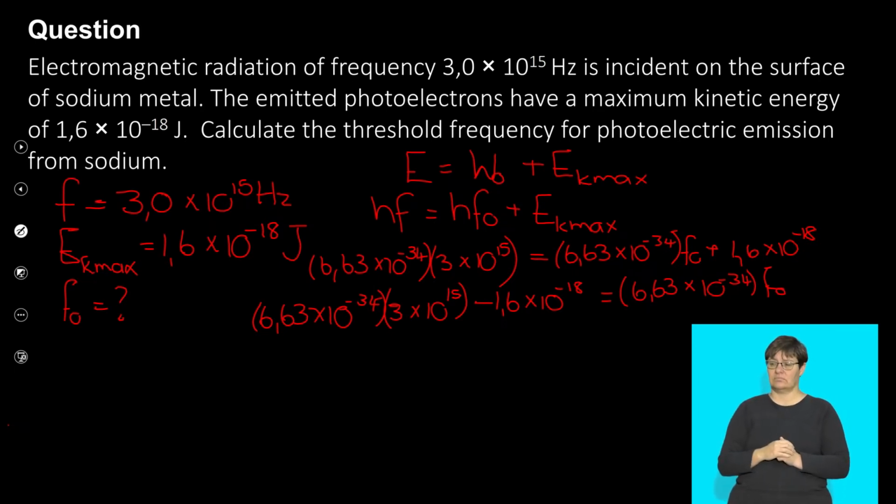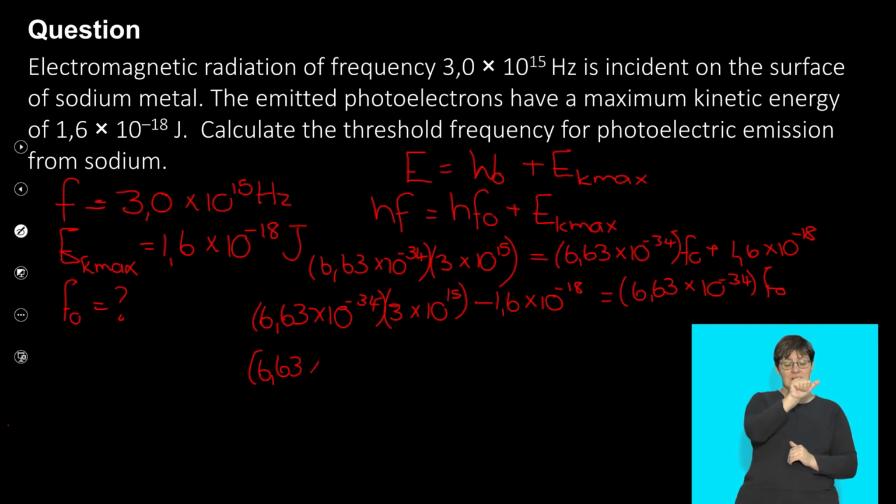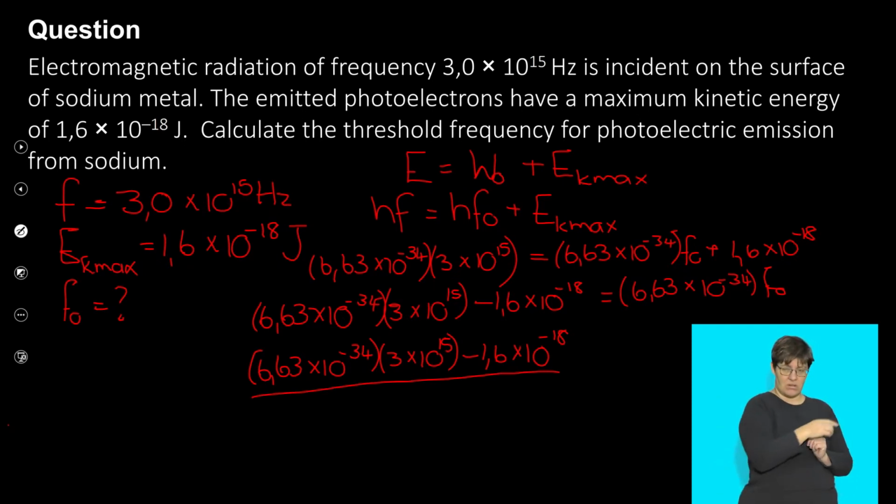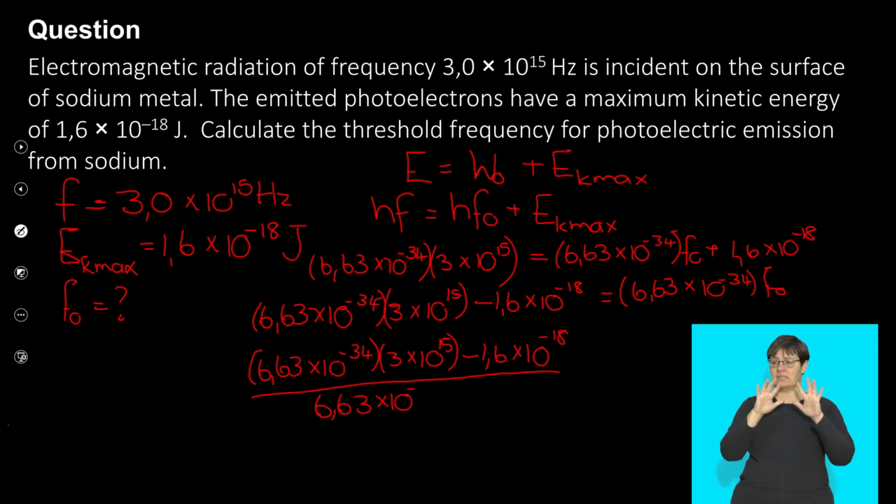I want FO on its own, so now I'm going to divide by 6,63. So this is what I'm going to get. 6,63 times 10 to the minus 34, 3 times 10 to the 15 minus 1,6 times 10 to the minus 18, and I'm going to take all of that and divide by 6,63 times 10 to the minus 34.